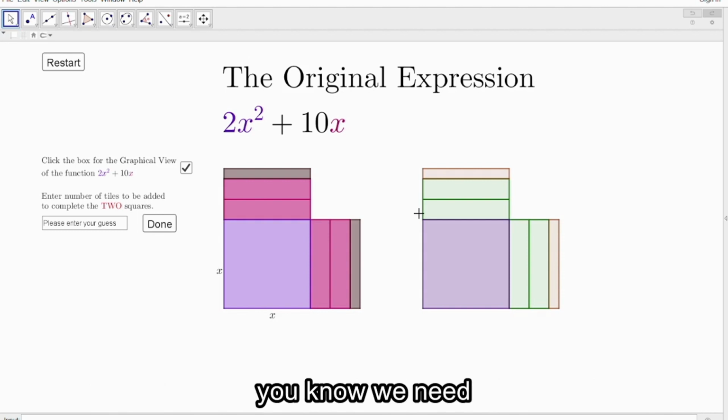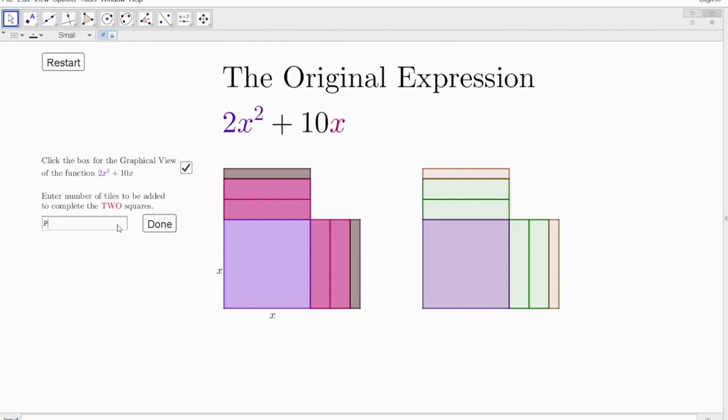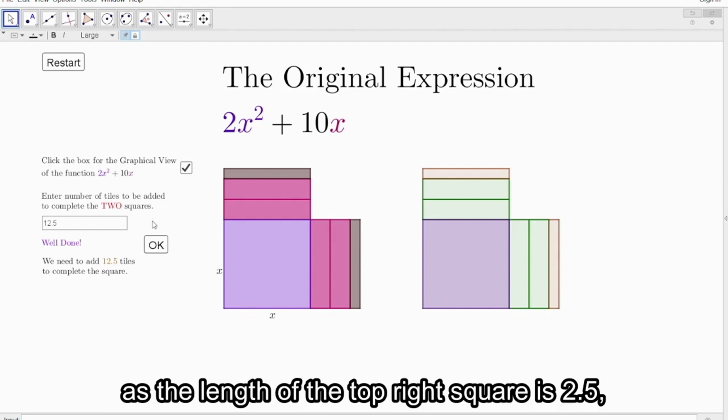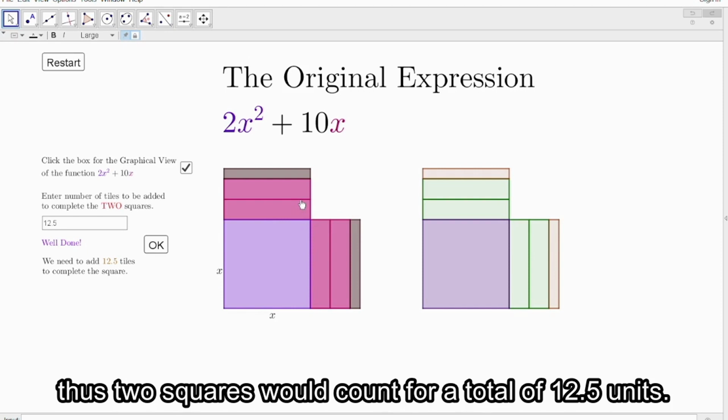You know we need a total of 12.5 tiles as the length of the top right square is 2.5. Thus, 2 squares will count for a total of 12.5 units.